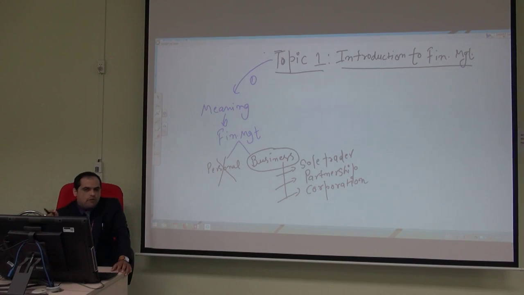So, corporation means it's a separate legal entity with a group of people, and that group of people's objective is to make money.